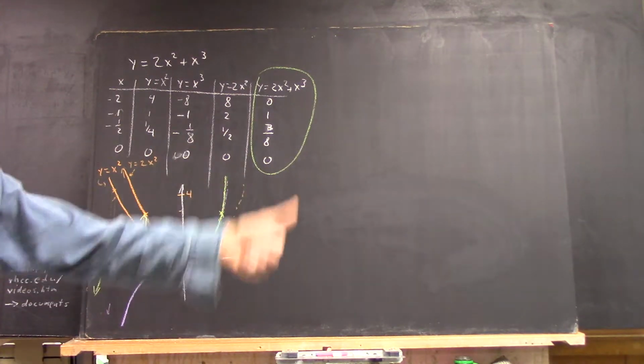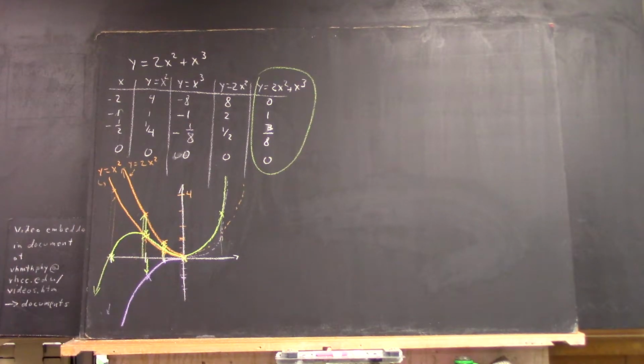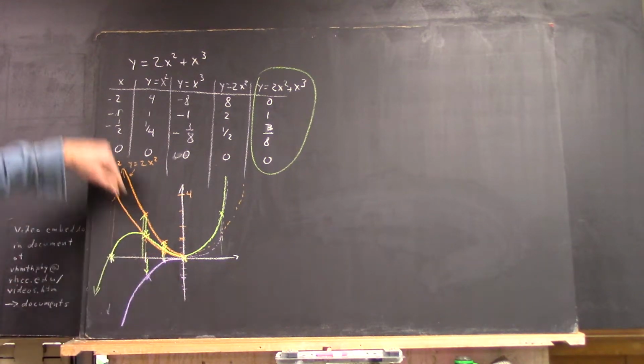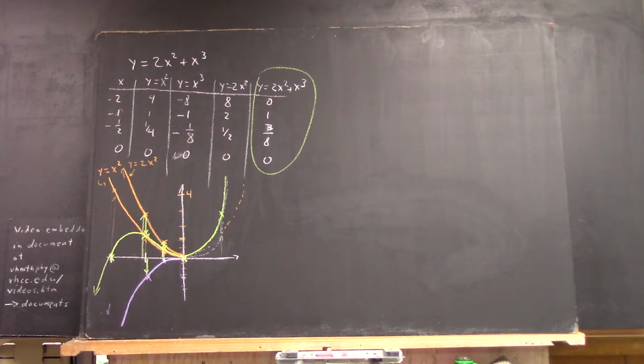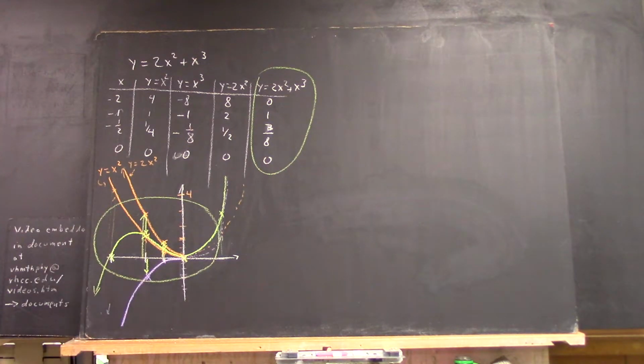Never going to get vertical, but it's going to get very steep. Okay? And over here, we know that the graph is going to end up shooting downward because this thing's going to overpower anything that happens here. It's in between, in this region here, that all the interesting stuff happens. Okay?